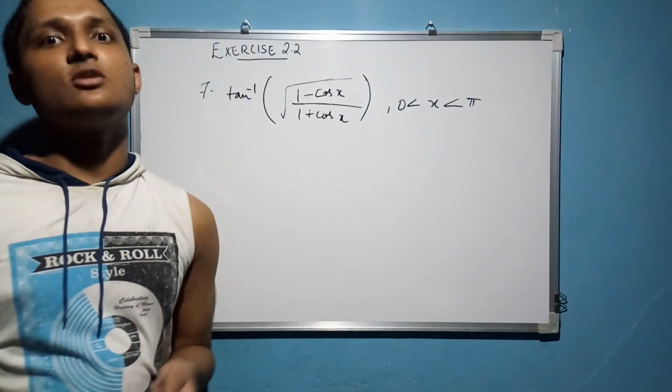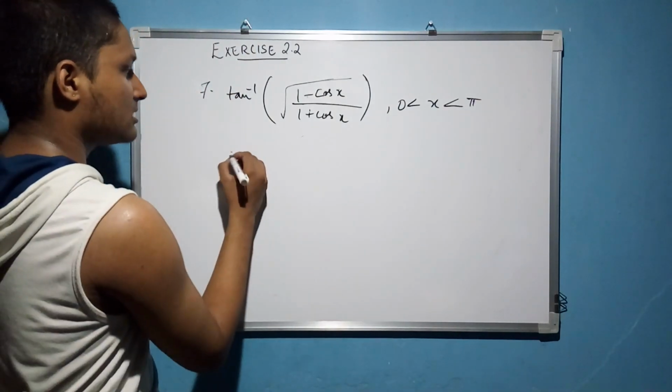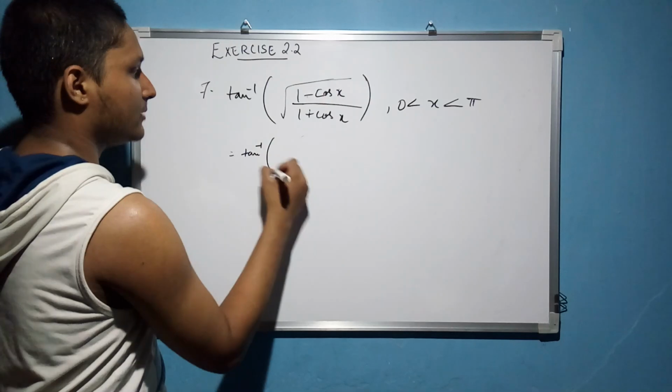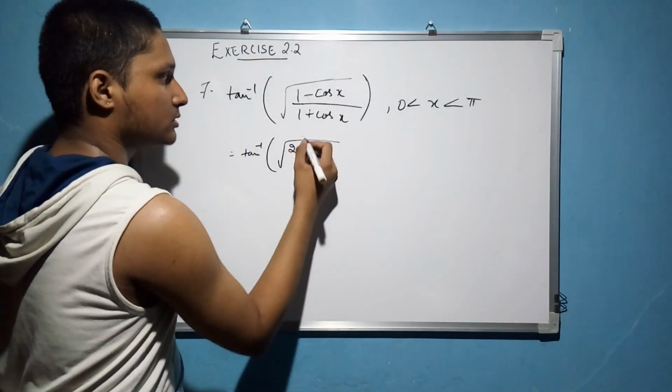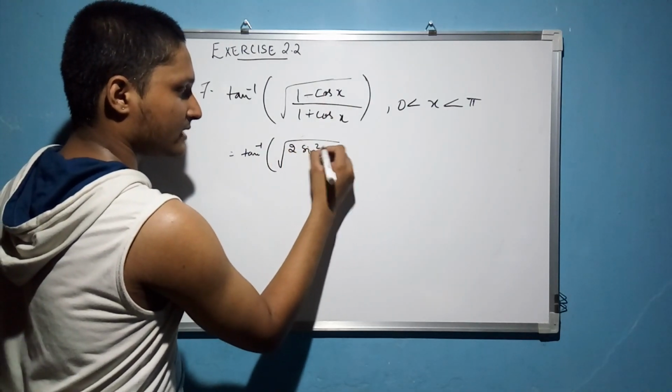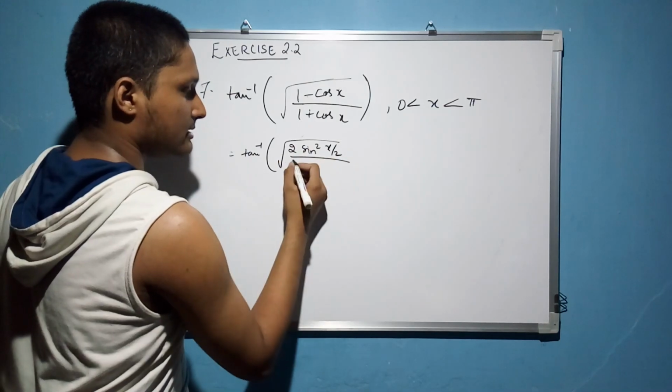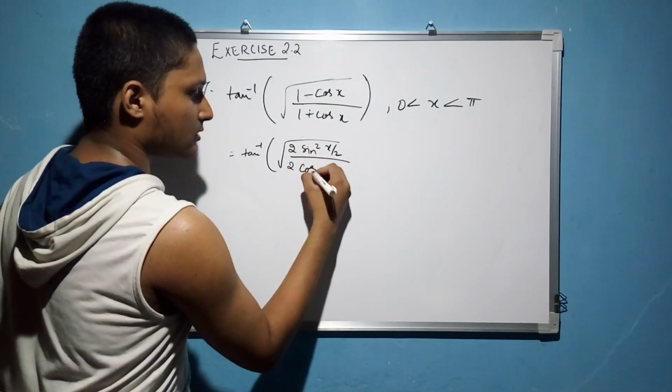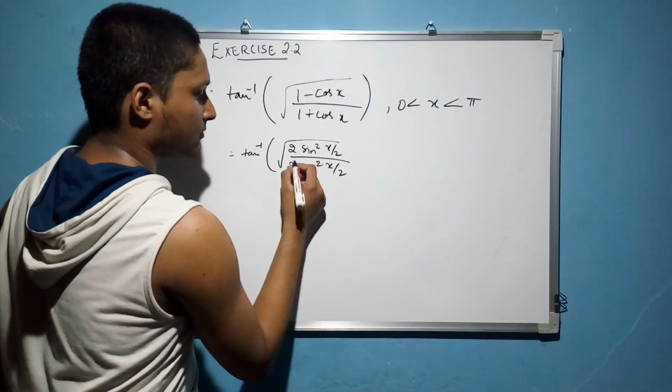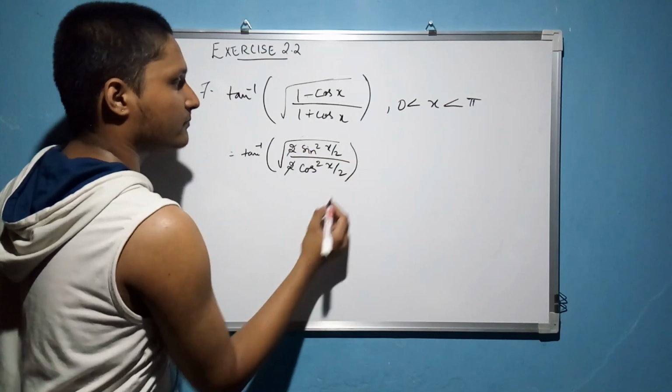So I know the 1 minus cos x and 1 plus cos x forms. So directly I can write it to be root of 2 sine square x by 2 over 2 cos square x by 2. You can cancel this off.